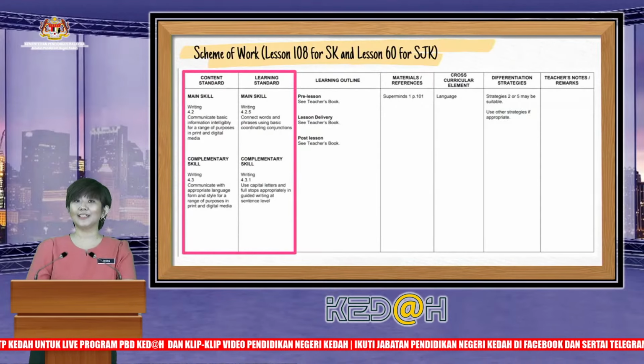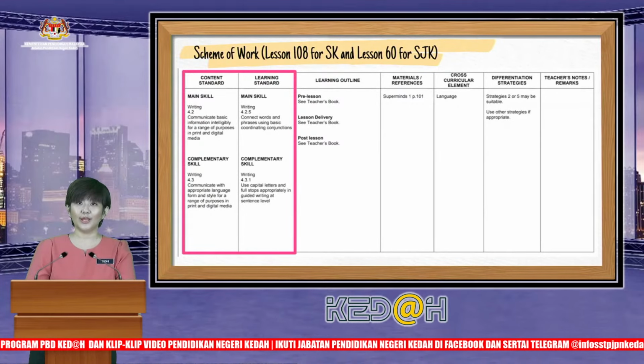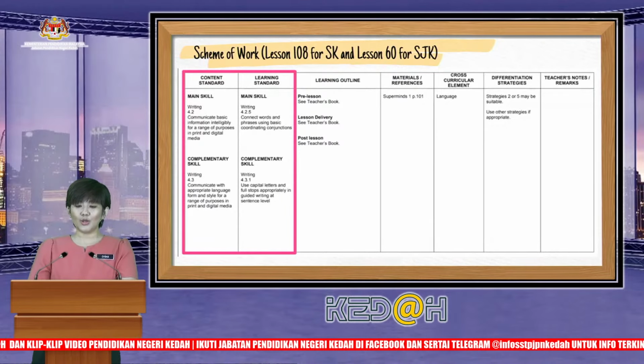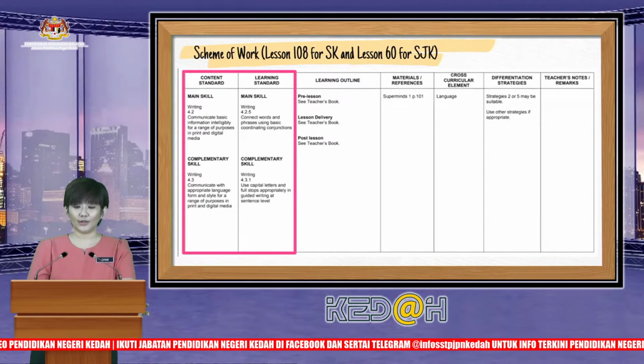To start off the lesson, this is the scheme of work for lesson 108 for SK and lesson 60 for SJK. Let's look at the content and learning standards, which are directly lifted from the scheme of work.